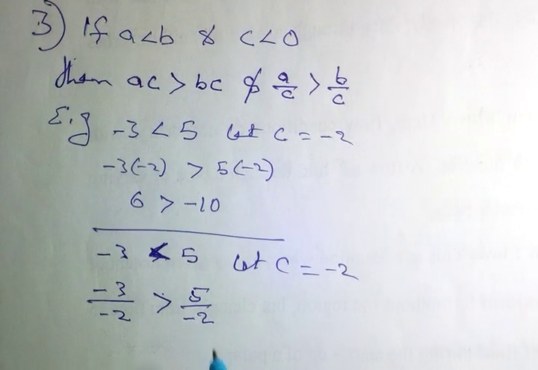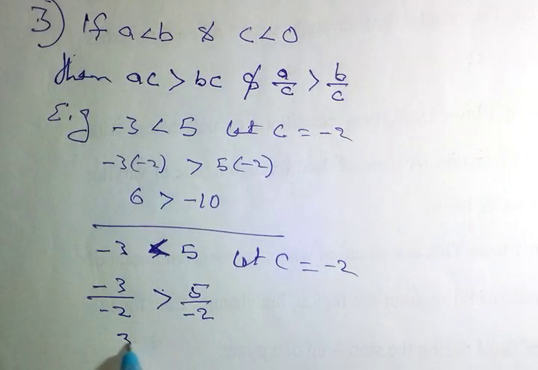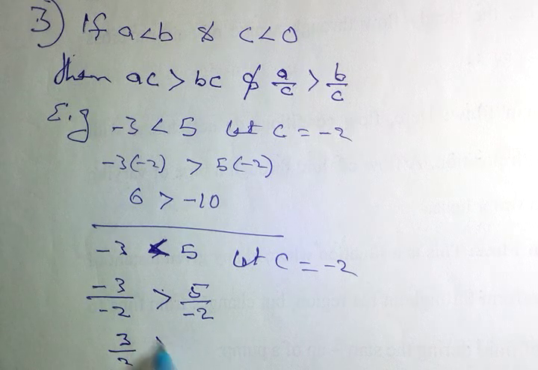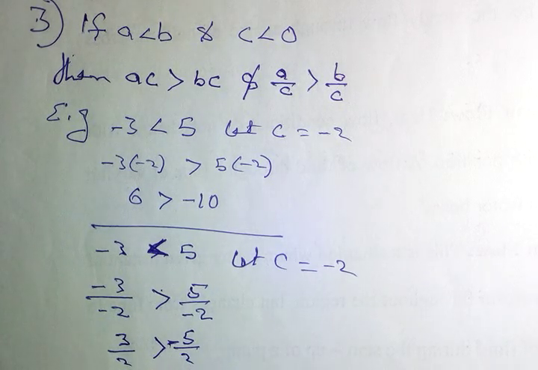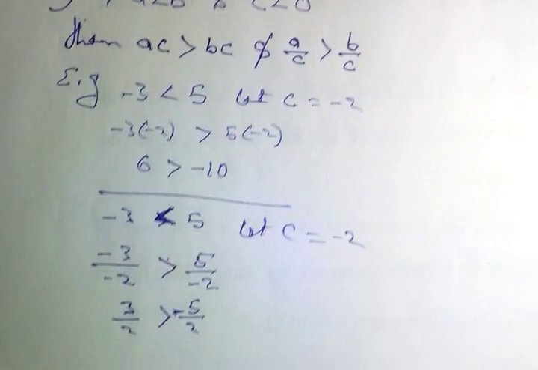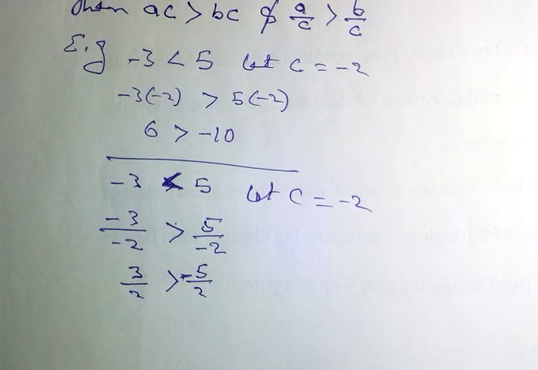And we know this is the same as 3 over 2, which is greater than negative 5 over 2. Okay, and this represents the example for our third rule, rule number 3.